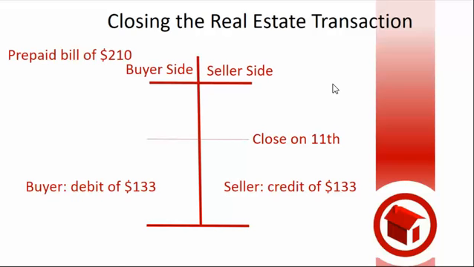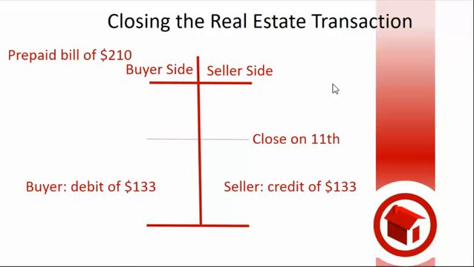Is that correct? The answer is yes. Because here's the way you need to look at it. Who paid this bill? Seller. How much did he pay? He paid $210. But all of a sudden the closing popped up and it closed on the 11th, but he paid for 30 days. So he should get back money, right?